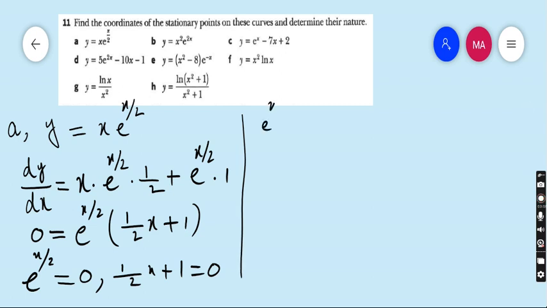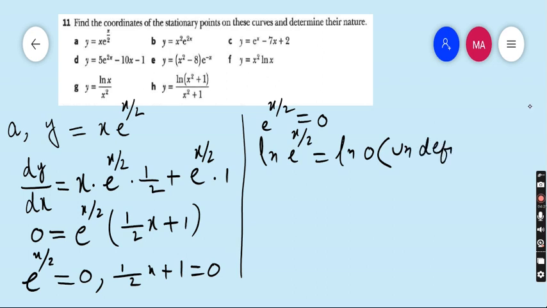Students, e power x upon 2 equal to 0 is undefined, because if we want to find the value of x, we must take ln on both sides. ln e power x upon 2 is equal to ln 0. If you find the value of ln 0 from your scientific calculator, you will see math error. It means undefined. Therefore, we are unable to find the value of x from e power x upon 2 equal to 0.